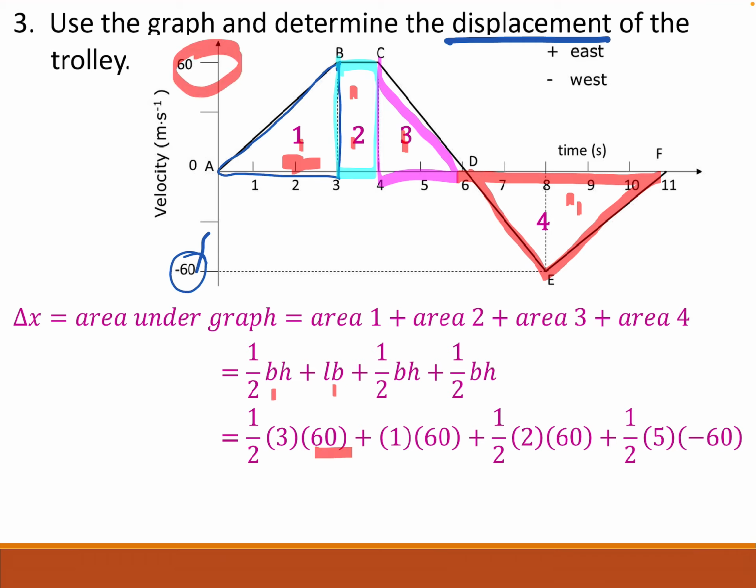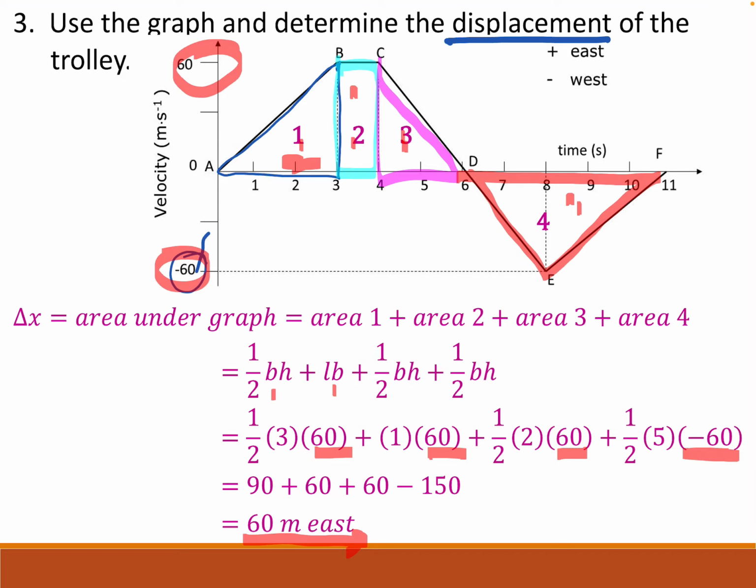This height is positive, so the time is always positive because it's on the time axis. You know this. This is minus 60 because it's minus 60 here. Displacement needs direction. So we get 60 meters east, a positive displacement. So basically my car went 90 meters, then 60 meters, then 60 meters, turned around and went another 150 meters backwards. Okay?